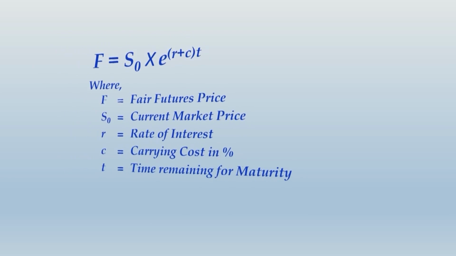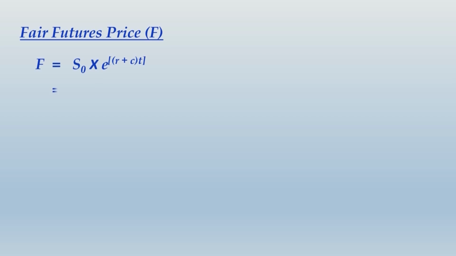Once we have written this equation and defined all the variables, let us substitute all the values in the equation. What we get is 600 into e raised to (0.12 plus 0.06), that is e raised to r plus c, multiplied by t, that is 6 by 12. So 12 plus 6, 18%, into 6 by 12 becomes 9% effectively.